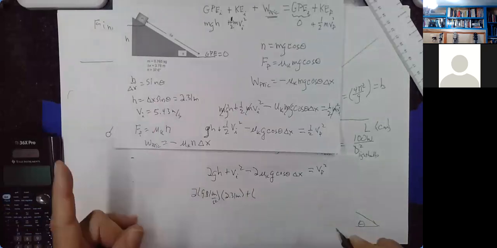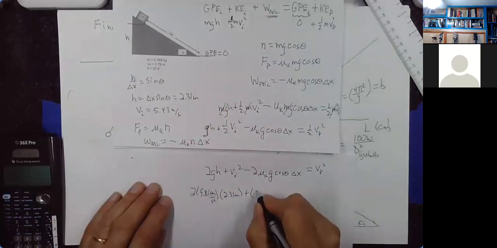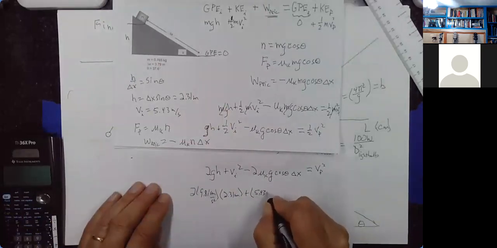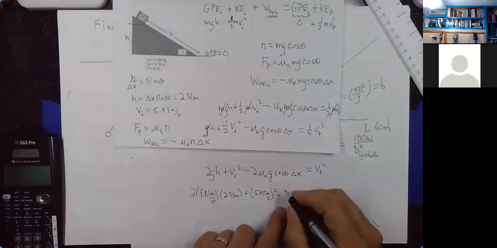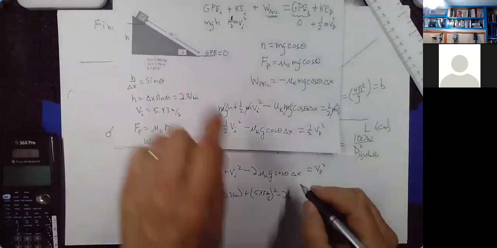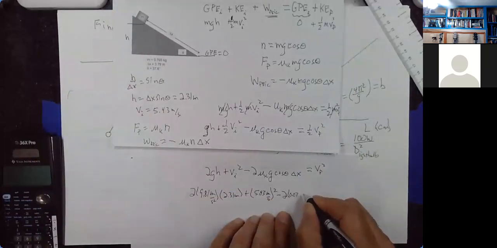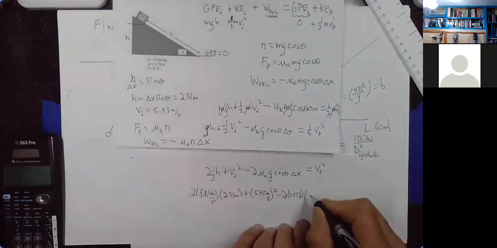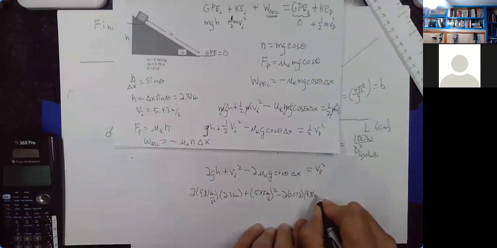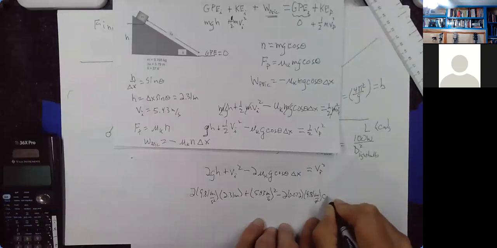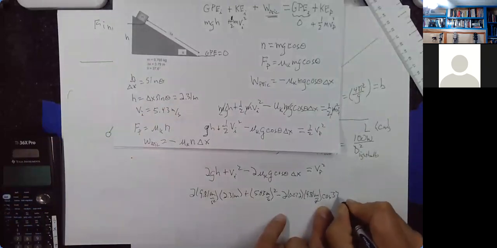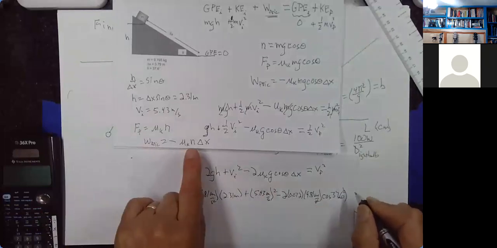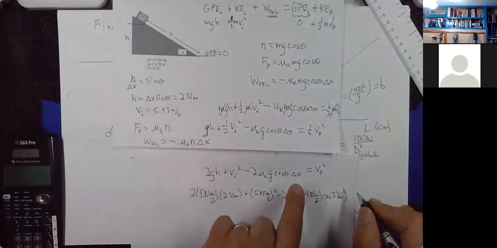Plus that initial velocity was 5.43 meters per second, squared, minus 2 times mu sub k, which is 0.072, times g, which is 9.81 meters per second squared, times the cosine of 37.6 degrees, a million things to put into your calculator, times delta x.